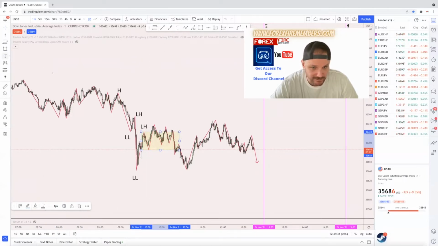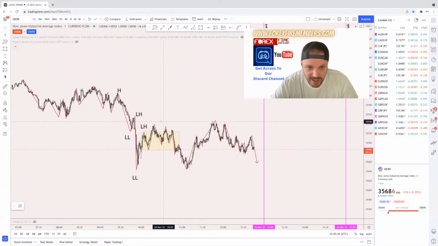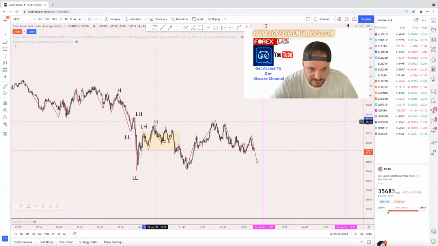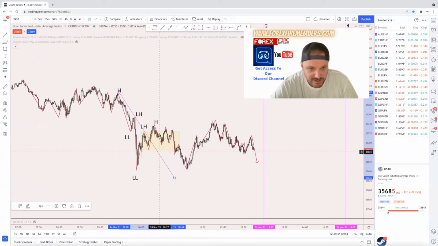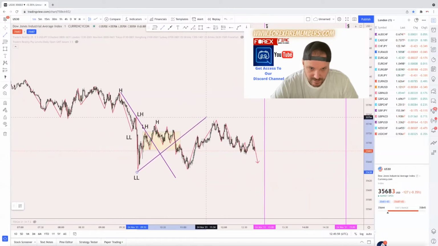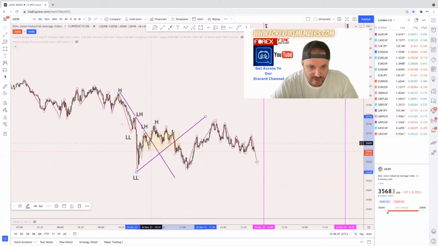Okay, and then I'm just going to start off a new area. Just going to have that as a high. Okay. We've got a bit of a trend break here. Let's get this marked up. And then we've got another trend break.